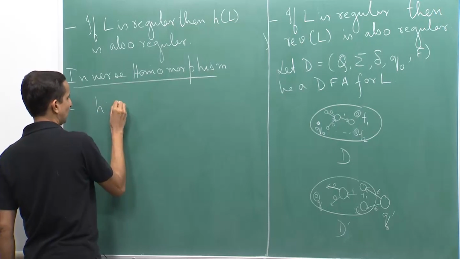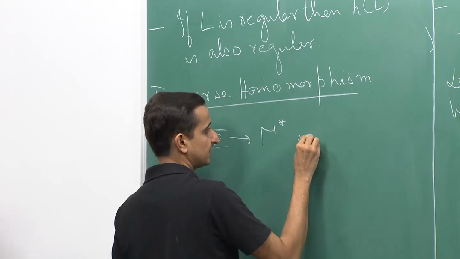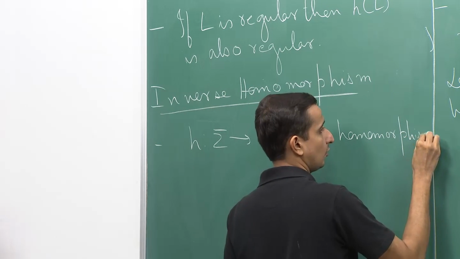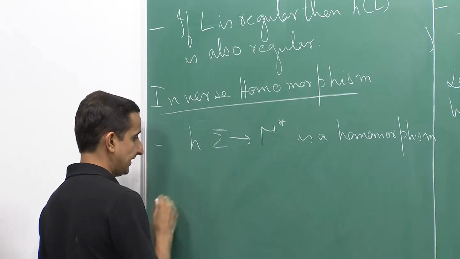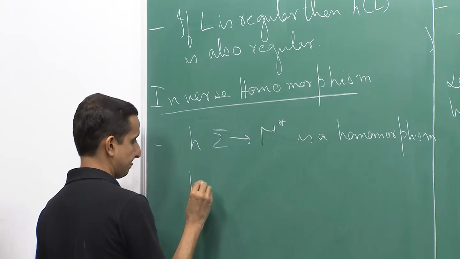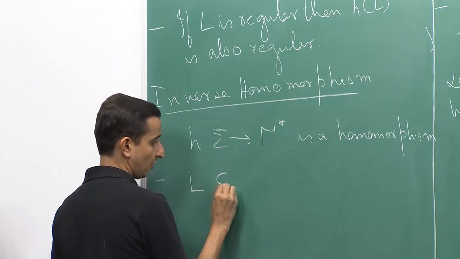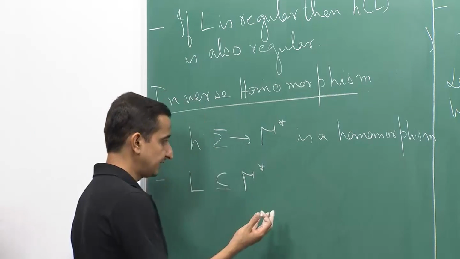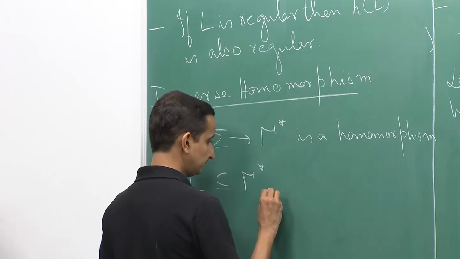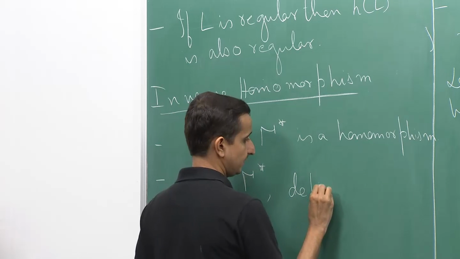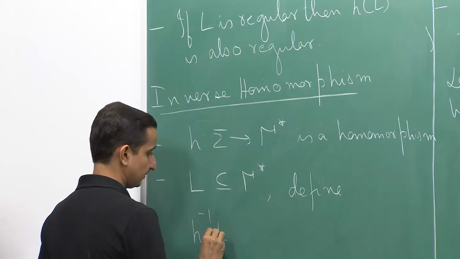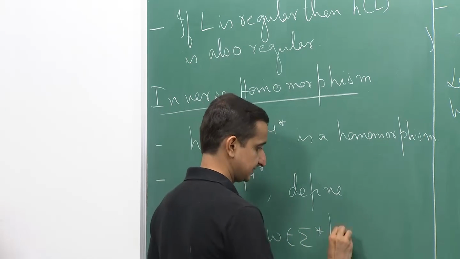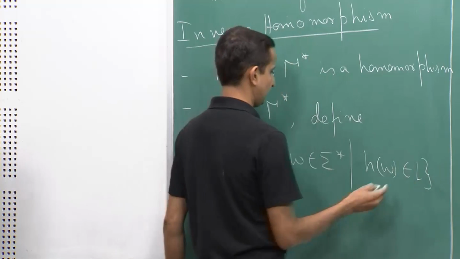So let us say that H from sigma to gamma star is a homomorphism, then for a language L belonging to gamma star, okay, so take some language in gamma star, I can define the inverse of this language with respect to H. Define H inverse of L, okay, as the set of all strings W in sigma star such that H of W belongs to the language L.